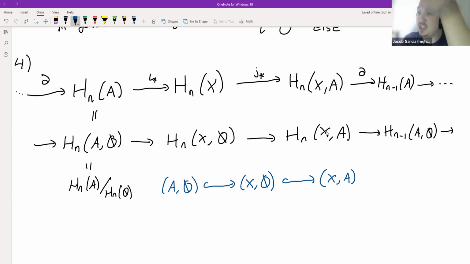That's a really useful thing to keep in mind when you're trying to remember the order that this long exact sequence goes in. The boundary maps are just the maps that you need on the end to make it a long exact sequence, and the maps in the middle are just the ones induced by inclusion. That helps you remember what the order is.